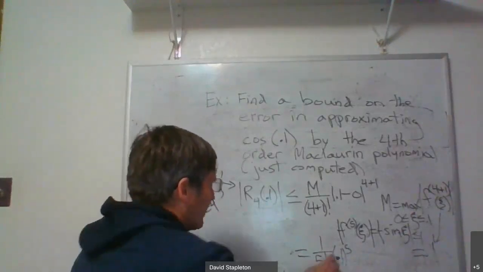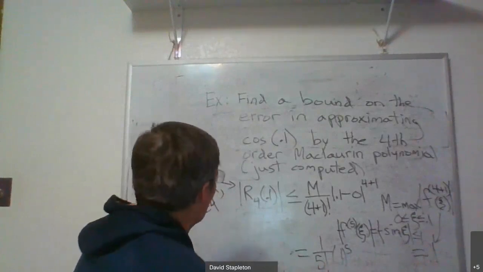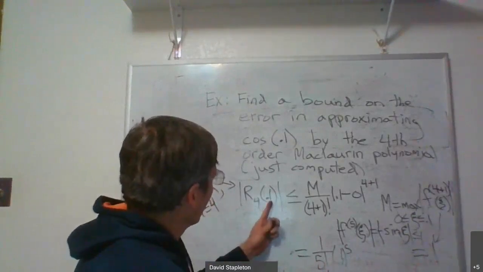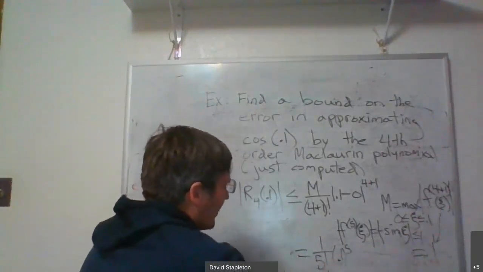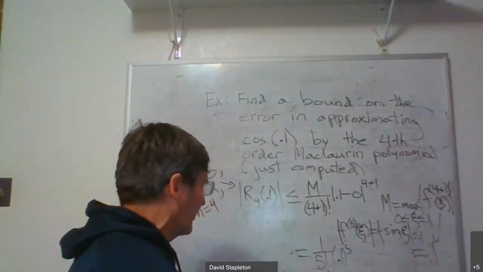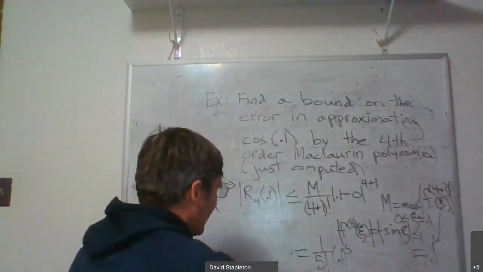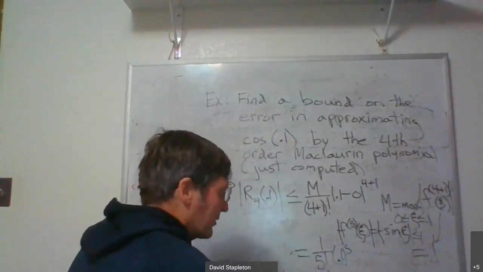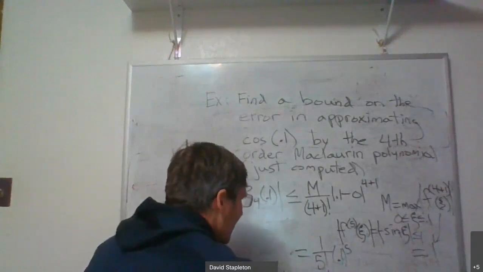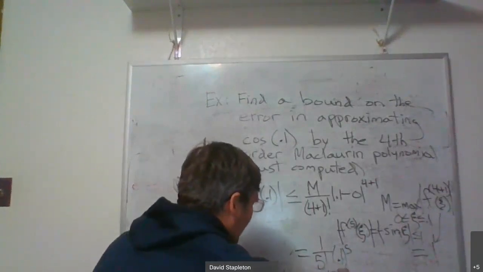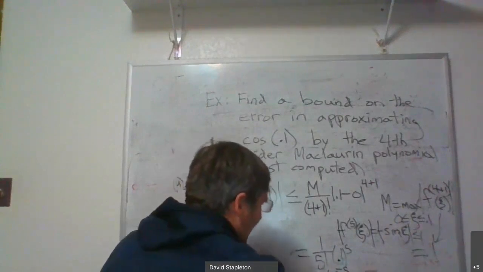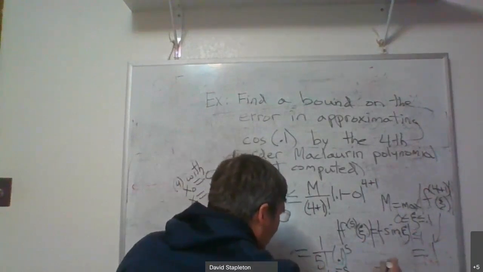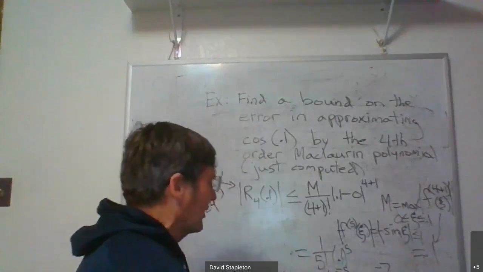But since I made the expansion point 0, my distance from the point of expansion to the point I'm plugging in is only 0.1, and 0.1 to the fifth is 10 to the minus fifth power, 1/100,000. 5 factorial, by the way, is 120. 1 times 2 times 3 times 4 times 5 is 120. So this is 10 to the minus 5 over 120. This is actually less than 10 to the minus 7 power, since it's less than 10 to the minus fifth over 100.